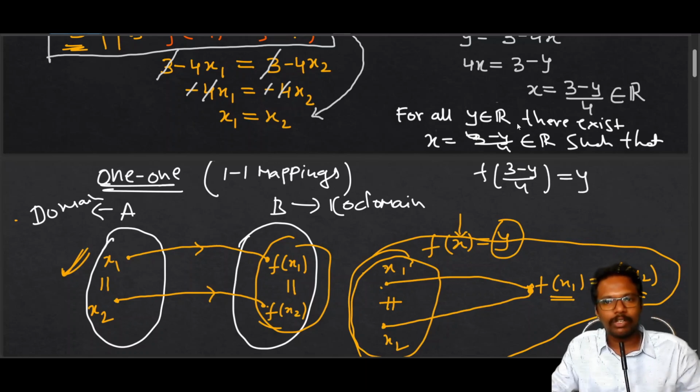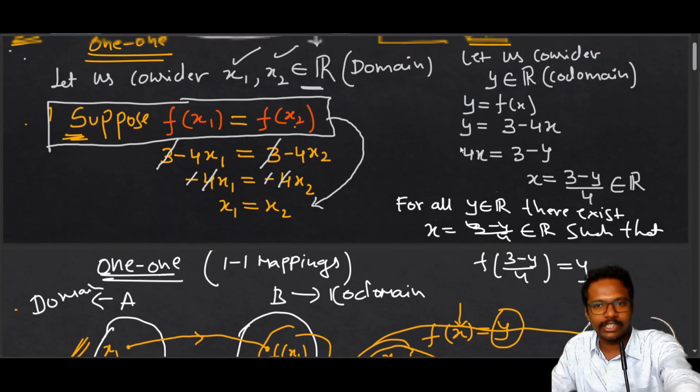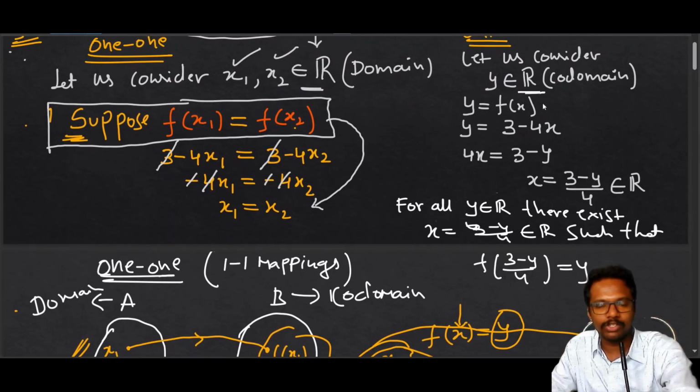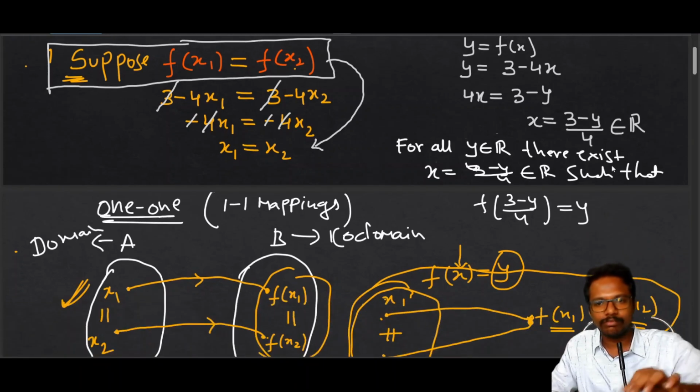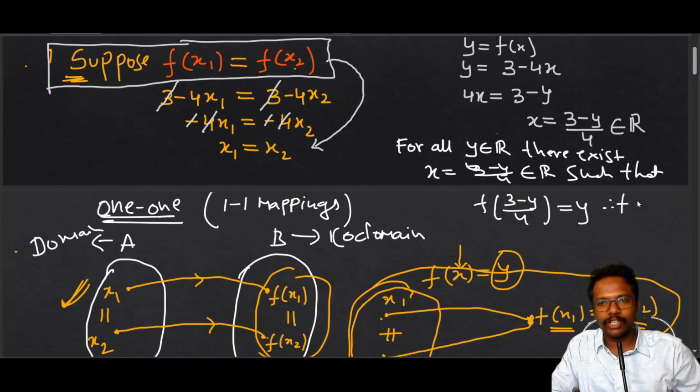For all y belongs to R that we have considered, I have written the sentence. For any y you have considered, there will be an x here. Therefore f is onto.